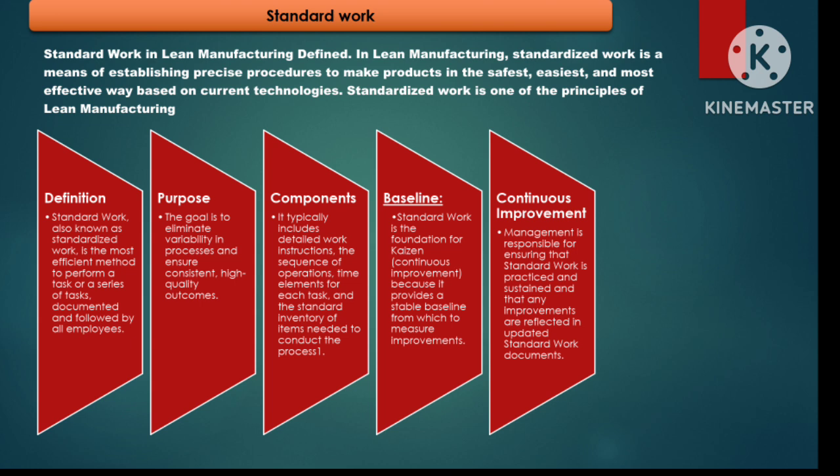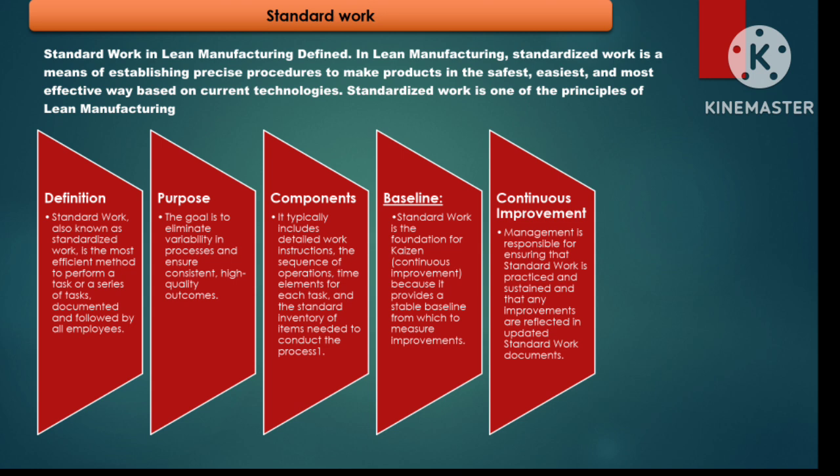Let's say you have a plant in a different geography, and one plant's product quality is better than the other plant's product quality. What's happening here is a very clear evidence that the standard work approach is not followed.